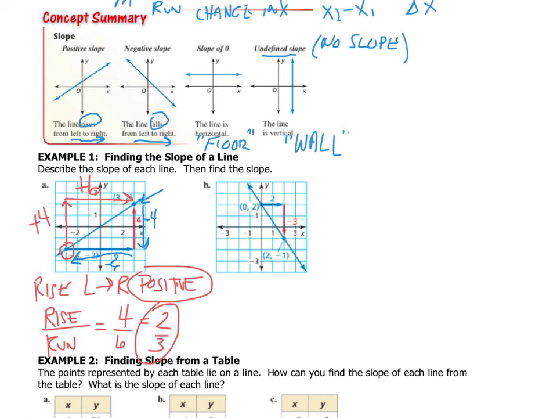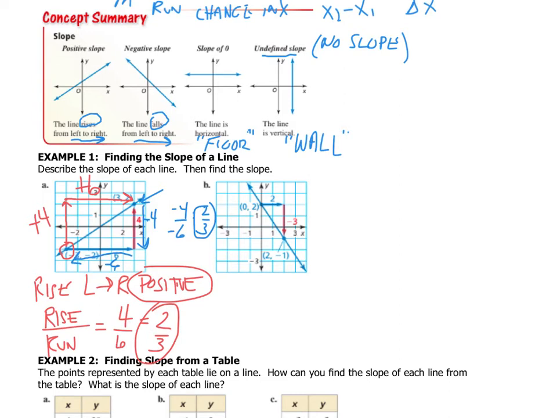But think about that. If I make a -4 for my rise, -6 for my run, doesn't that still come out to positive 2/3? So I just want you to notice that it doesn't matter which point I start from. Any 2 points give me that constant rate of change. And it's important that we can understand that as we go forward.